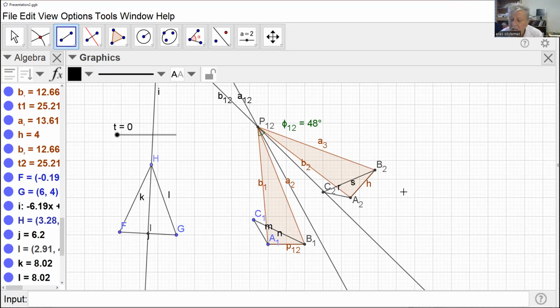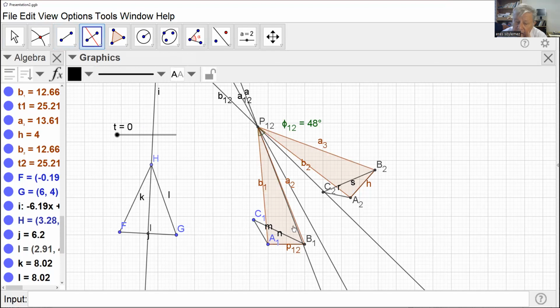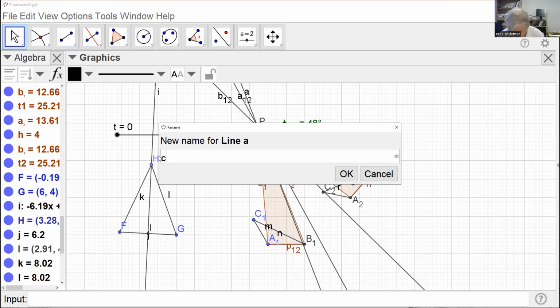Now, if I draw the perpendicular bisector to C1C2, this I will call C12.